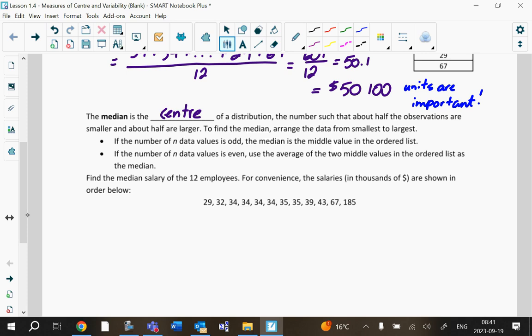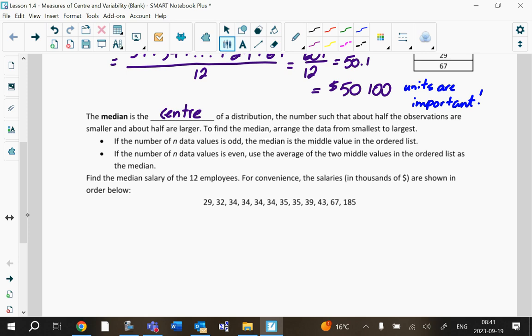If the number of data values is odd, there's going to be one number in the middle. So for example, if you had 11 data values, you're going to have one in the middle, 5 below, and 5 above to have 11. So there's one middle number when it's an odd number of data values.